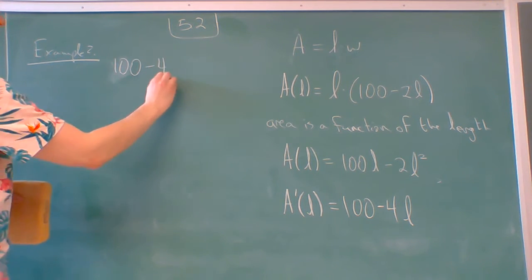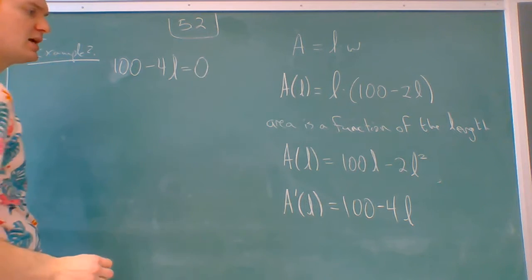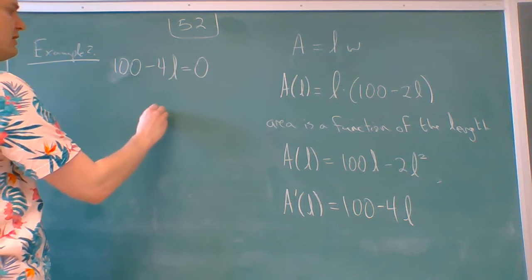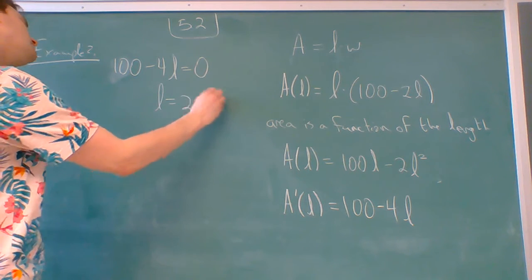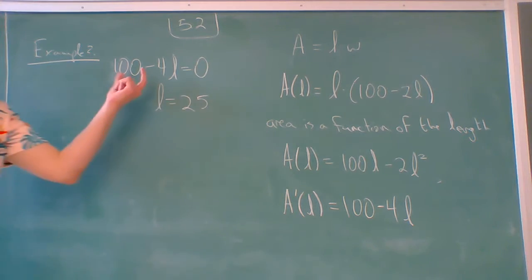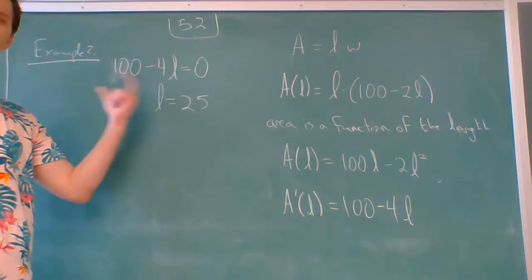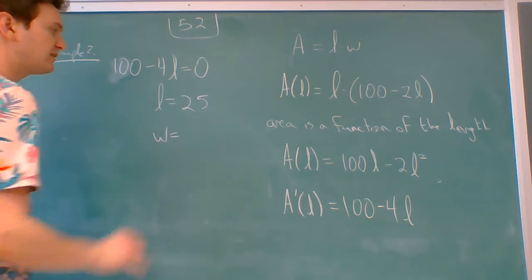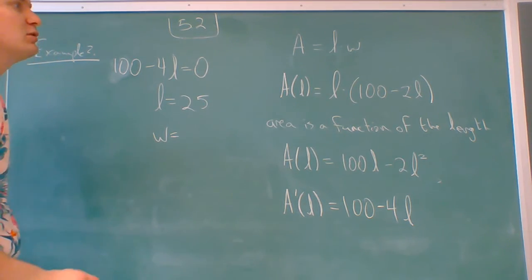Okay, set that equal to 0. I'm trying to find this maximum position, so I'm setting my derivative equal to 0. And let's see, L should be 25. See how I got that? Add 4L to both sides, then divide by 4. So L is 25. And that means width is, what was width?